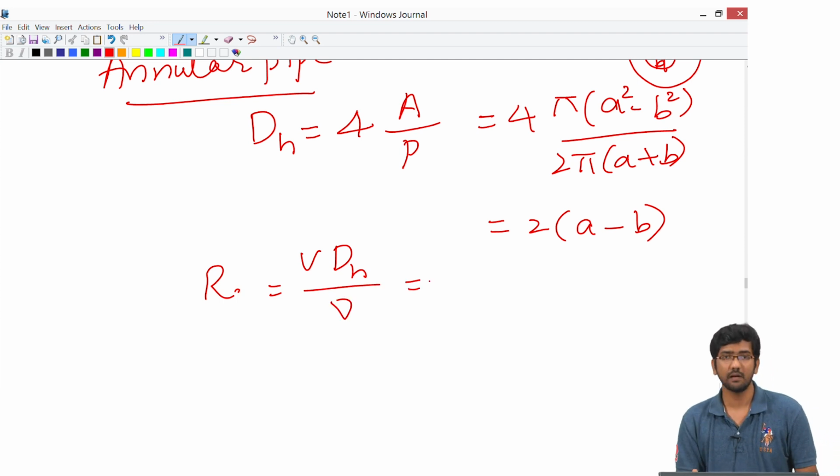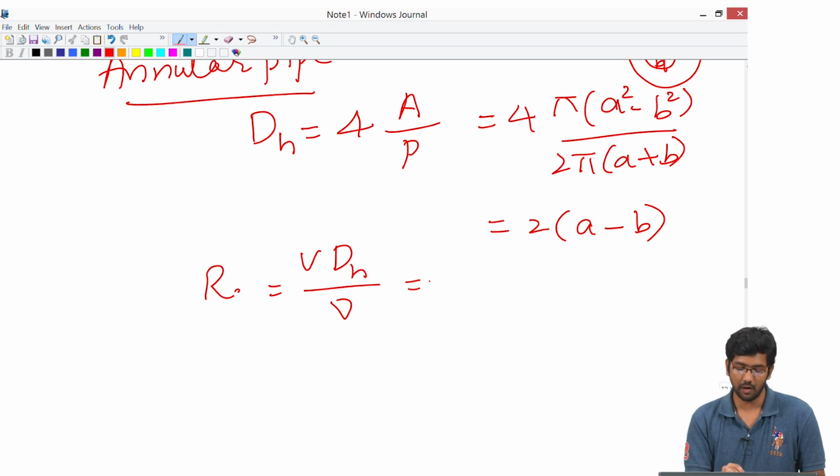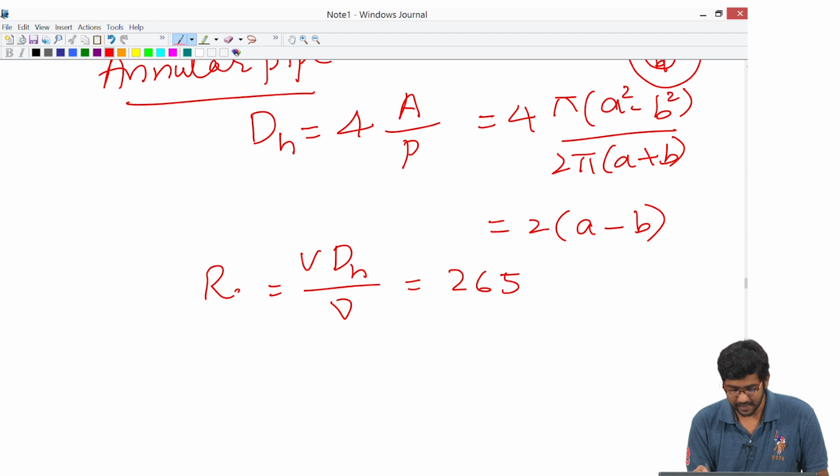As it is given in the question, the cross sectional areas of both the circular and annular pipe are the same. Therefore, the fluid velocity in both the pipes will be the same, because the volumetric flow rate remains the same. And we can calculate the hydraulic diameter, and we know the kinematic viscosity. Substituting all this, we will get the Reynolds number as 26,500.